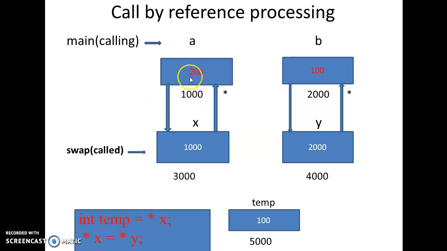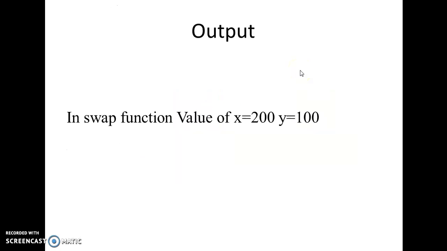That means 200 is assigned. Similarly, temp is assigned to *y. Temp is 100. *y means y holds 2000, so the value at 2000 will hold the value of temp, that is 100, and hence the swapping takes place in the function, as well as in call by reference.